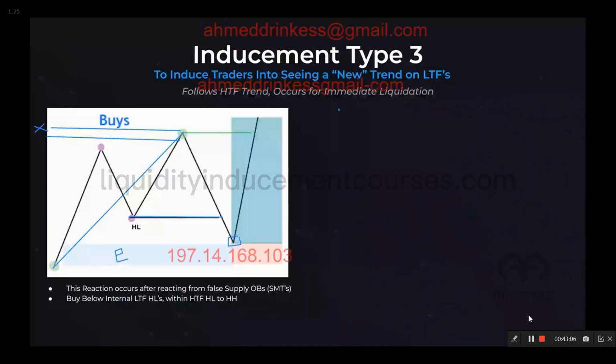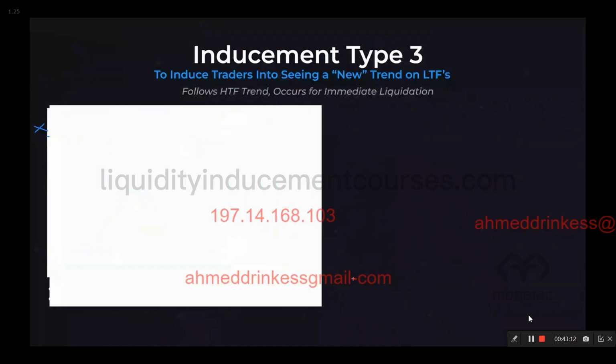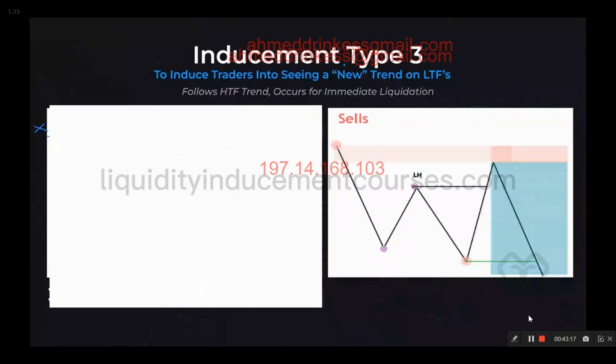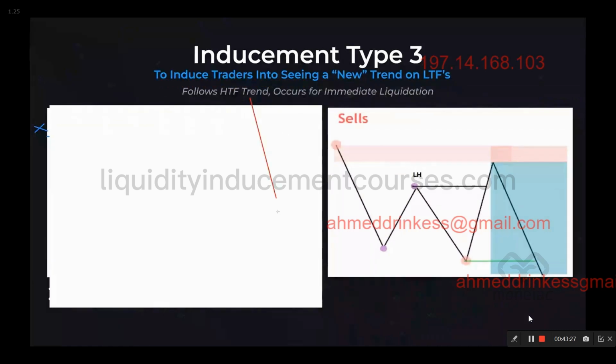All right, now we are going to be going into our sells. Our sells look almost the same as our type 1. Type 3 are very close to one another. Again, the key point is that this is an internal structural wave. So we could be looking at main sells over here, then here.